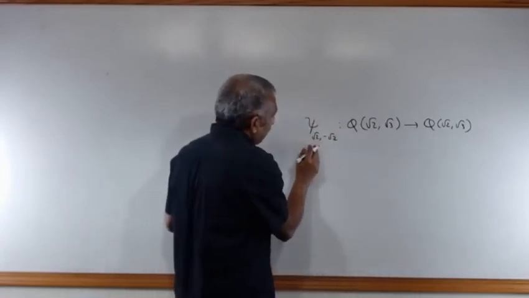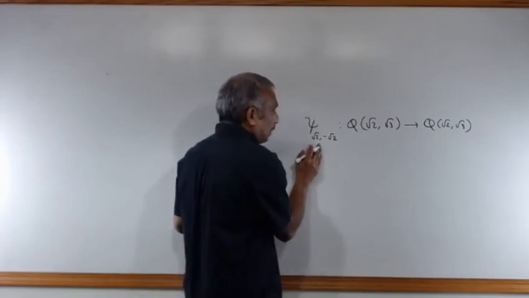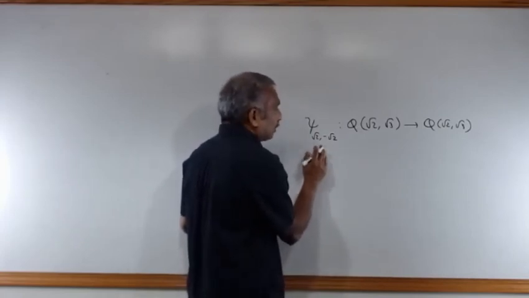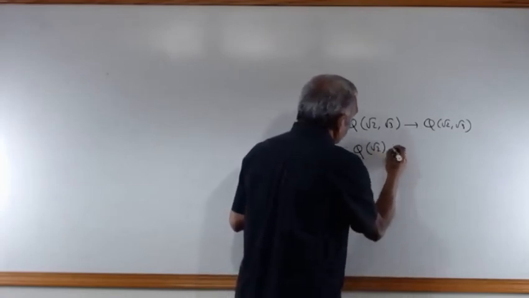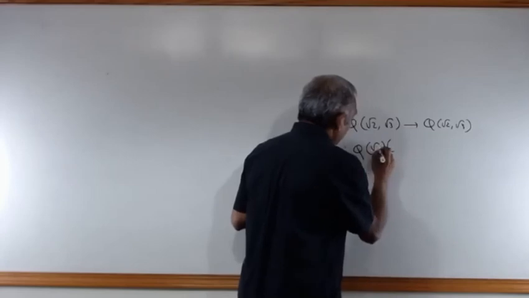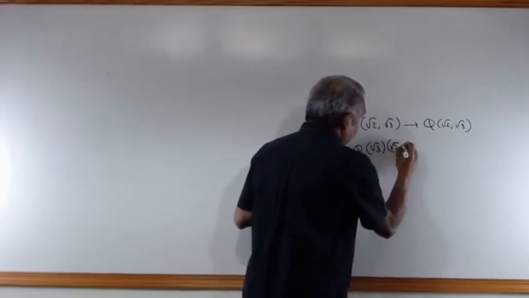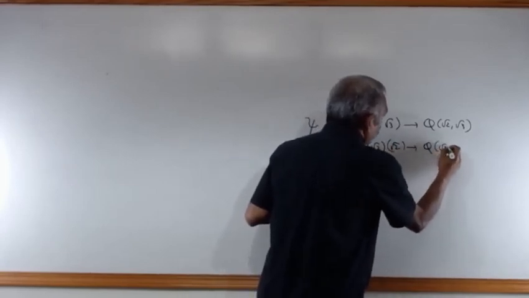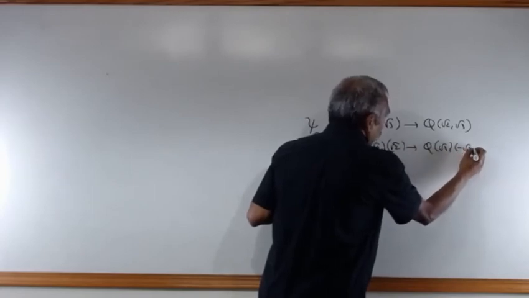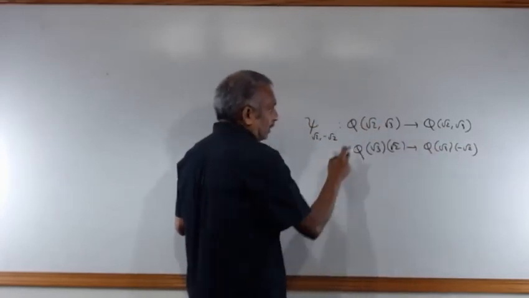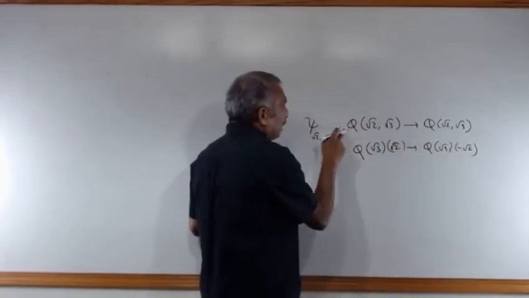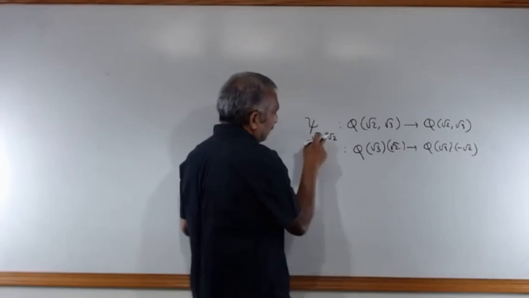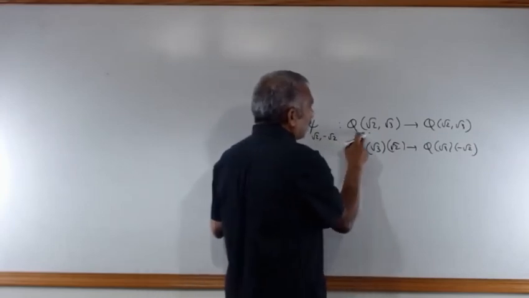The reason why we said it is an isomorphism is because it is a conjugate isomorphism. Originally, it is from Q of root 2 to Q of minus root 2, but these two are the same. That is why we considered the conjugate isomorphism from here to here.